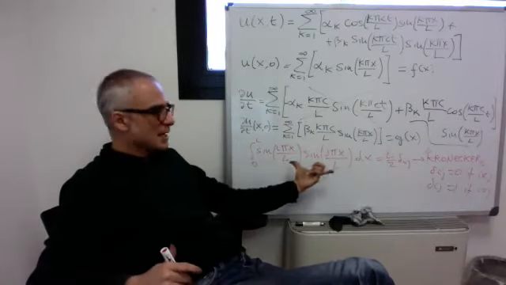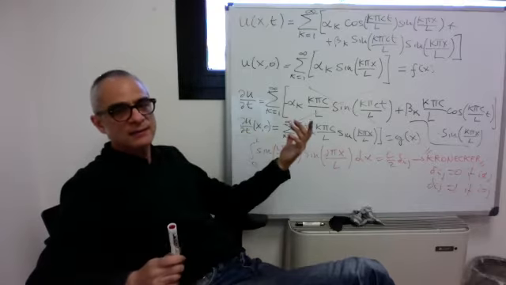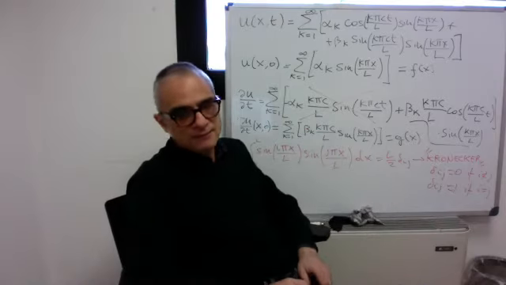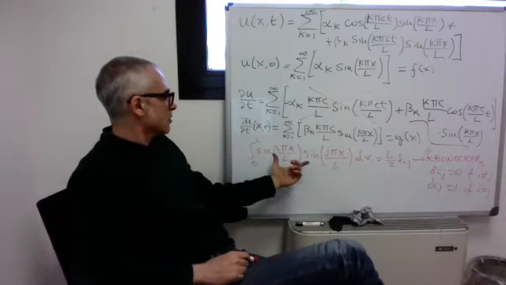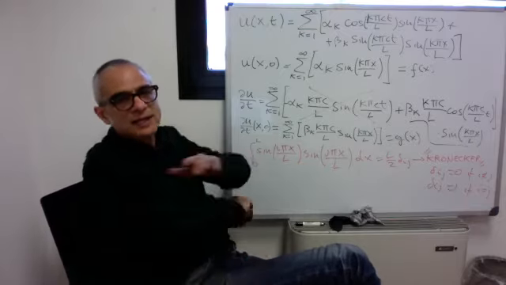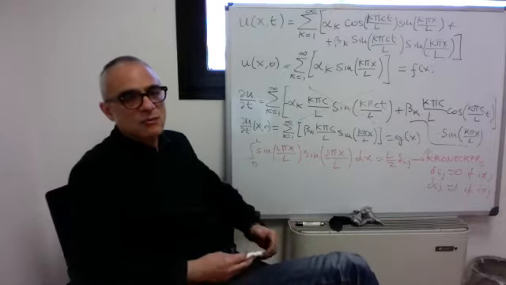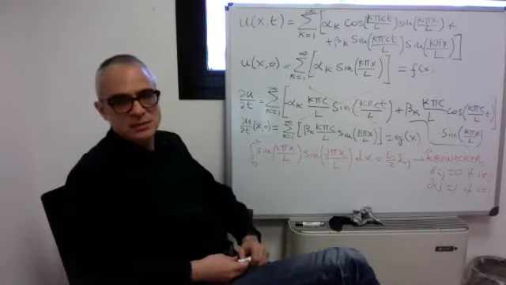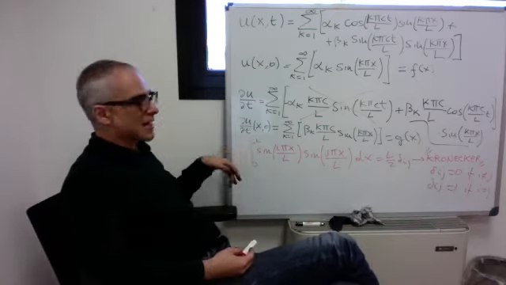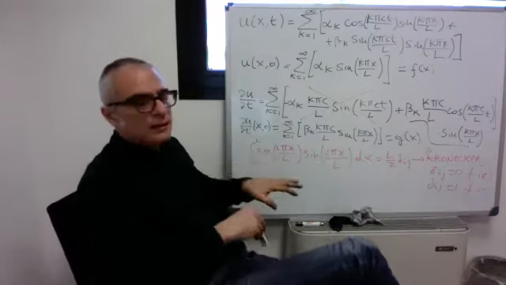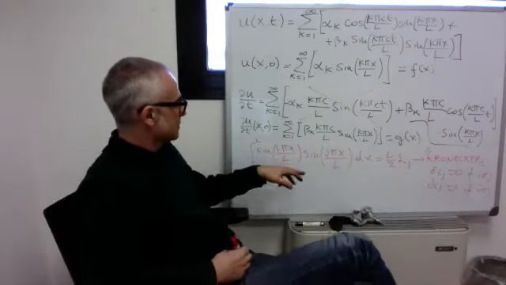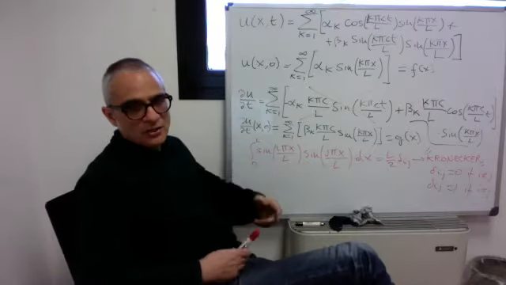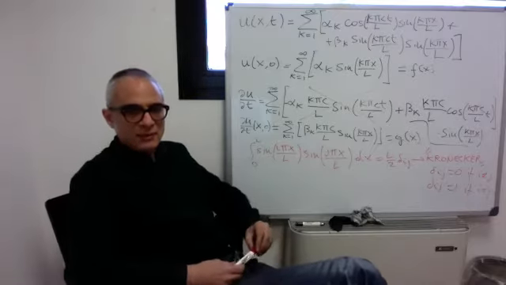If i and j are the same, then they are not orthogonal anymore, and this integral gives me L halves. If instead of a sine here I put a cosine, then it's always 0. The sine and the cosine are linearly independent; their scalar product is 0. Accept this result of calculus: the integral of a sine and a cosine with such arguments, even if the argument is the same, would be 0.